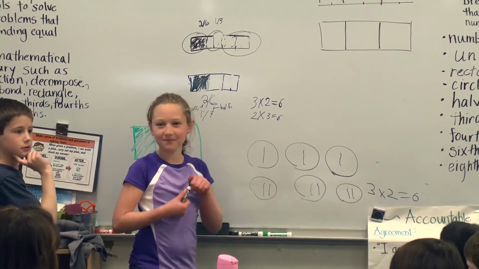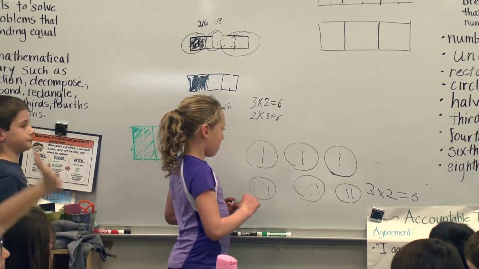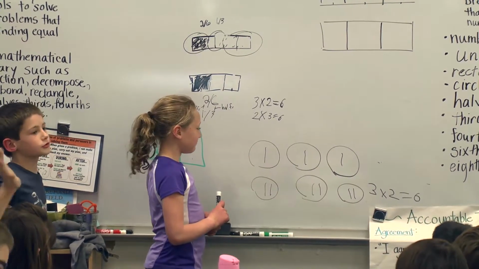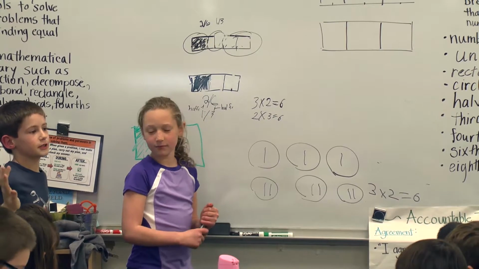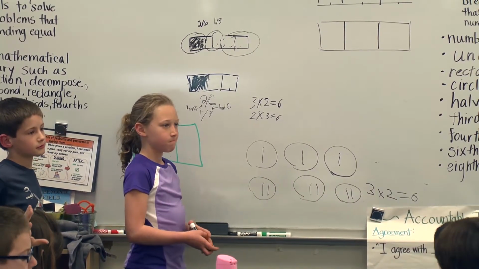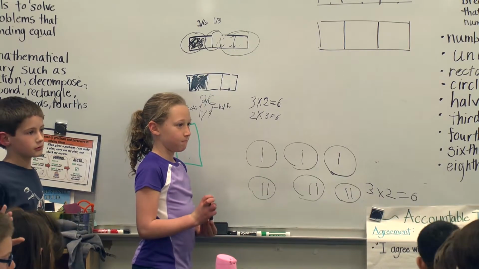So what would you do, Sky, with the top one? Can you take the same thought, thinking? No? But you can also think about the relationship between the 3 and the 6, because 3 plus 3 equals 6. And why is that important to know that 3 plus 3 equals 6?